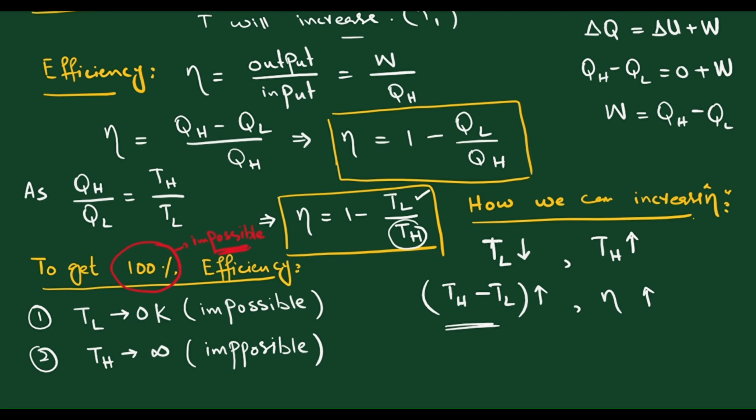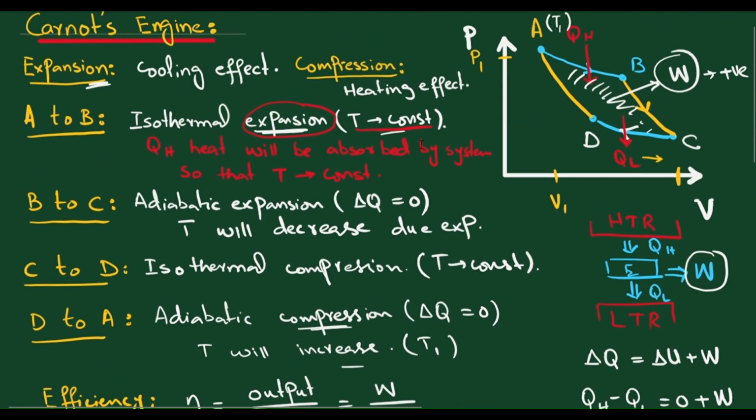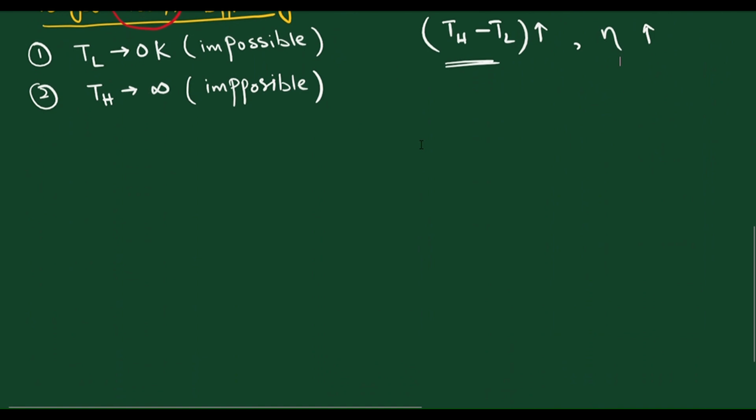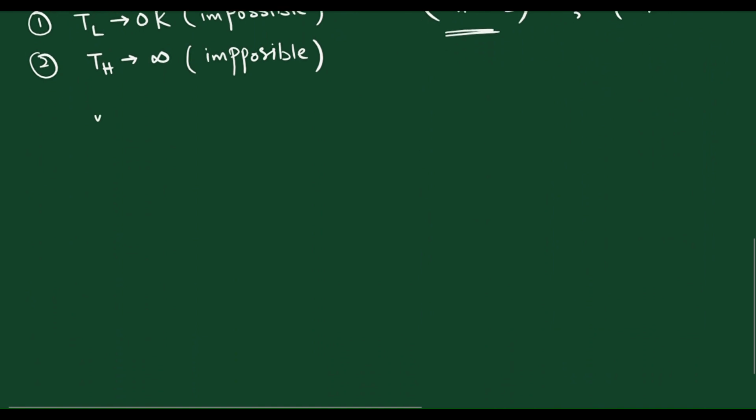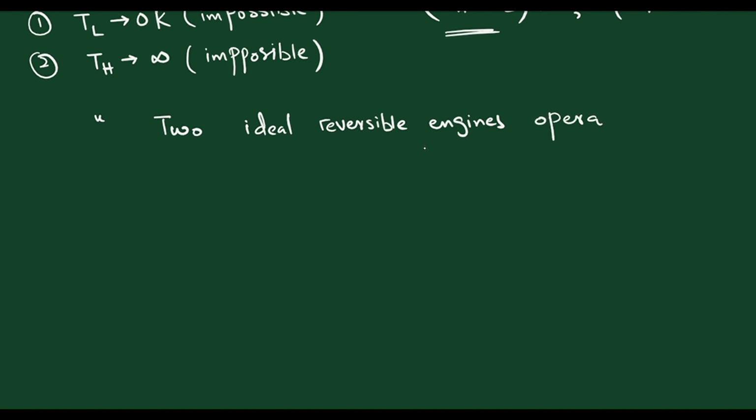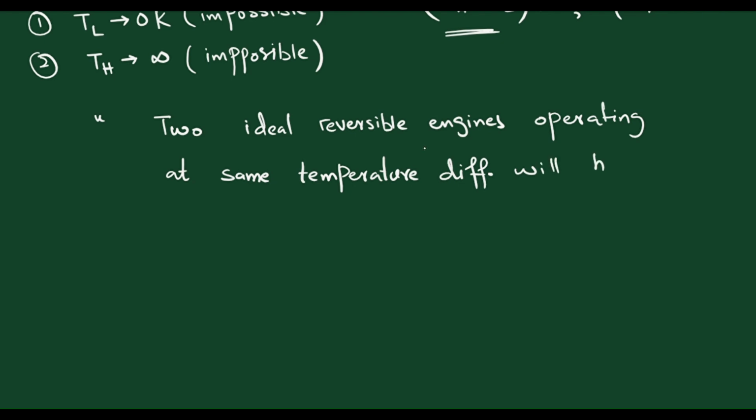The statement of Carnot's theorem can be written as: two ideal reversible engines operating at the same temperature difference will have the same efficiency.